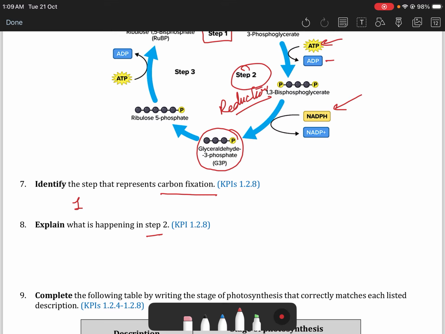What does ATP do? They supply phosphate groups. And what does NADPH do? They supply protons and electrons to let the cycle continue, while the ATP provides the phosphate for G3P molecules.